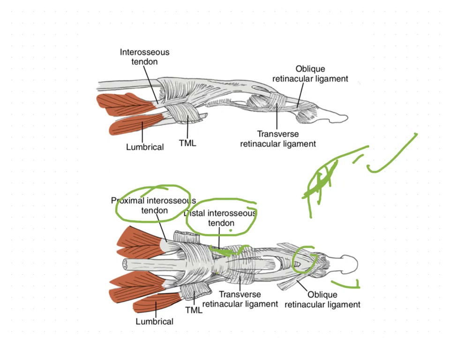Okay, so these are the roles of the interossei muscles at the MCP as well as the IP joints. In the next session, we will discuss the lumbrical muscles. Thank you.